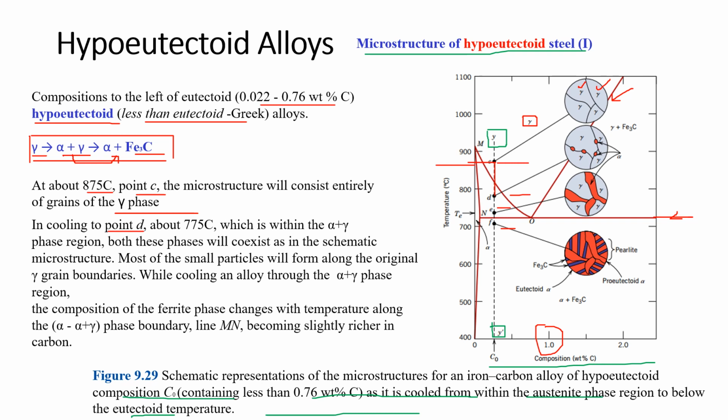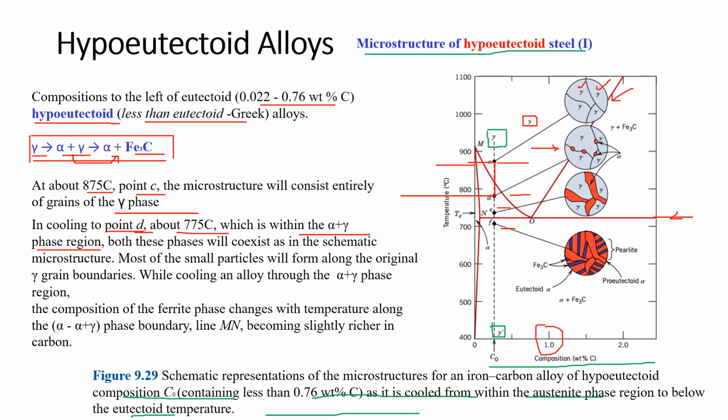Now if we look at the microstructure, it has changed a bit. Some small red particles are formed at the boundaries of the austenite. On cooling down to point D, at about 775 degrees centigrade, we are within the alpha plus gamma phase region.